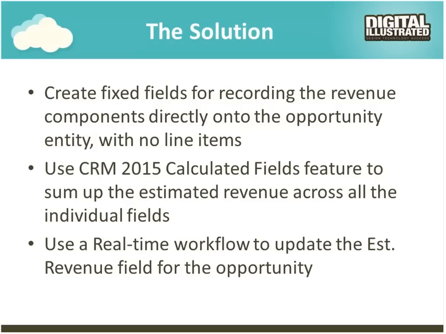We can then build the calculations ourselves, combining revenue from all of these fields that contain data. And we can also use workflows to ensure that the standard fields for estimated revenue are kept in line with the custom calculated fields.